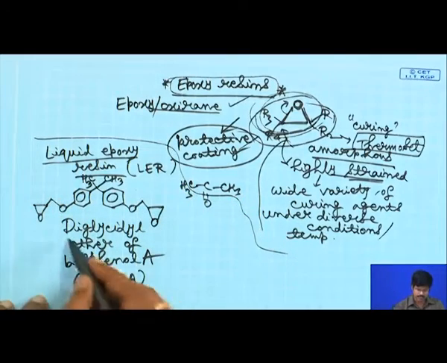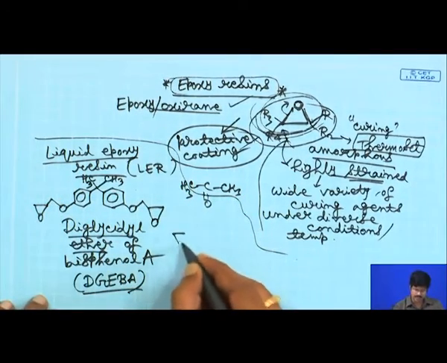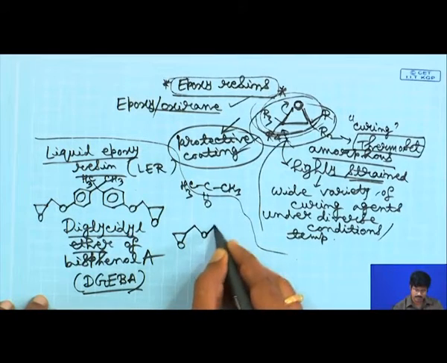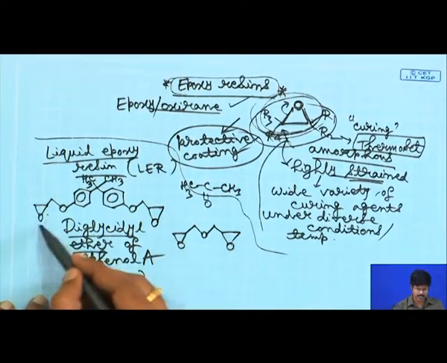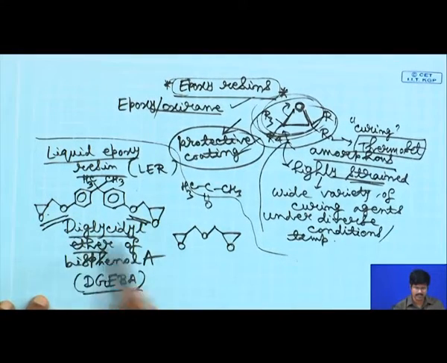Now, diglycidyl ether linkage is basically this. So, this is diglycidyl ether. Okay. So, you see that unit is there on this side and this side, that is why it is diglycidyl ether of bisphenol A. All right.